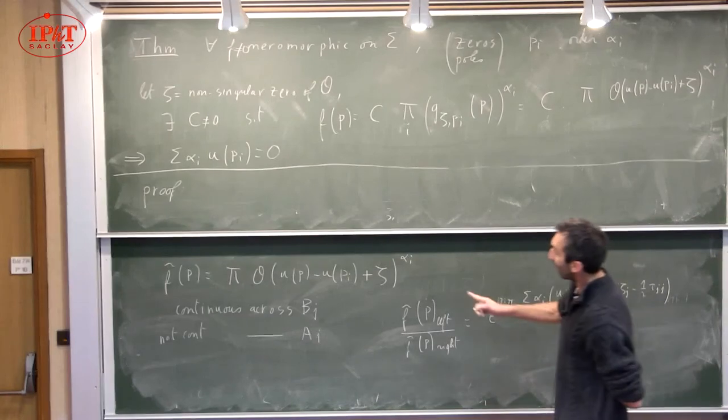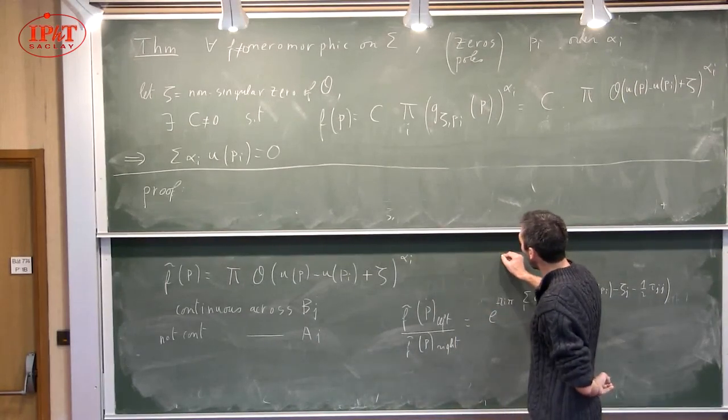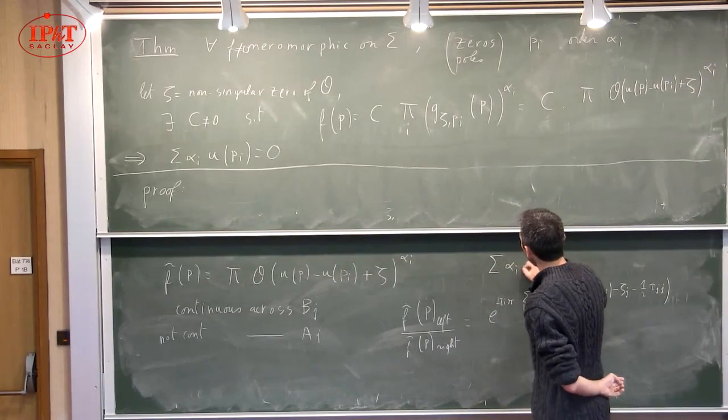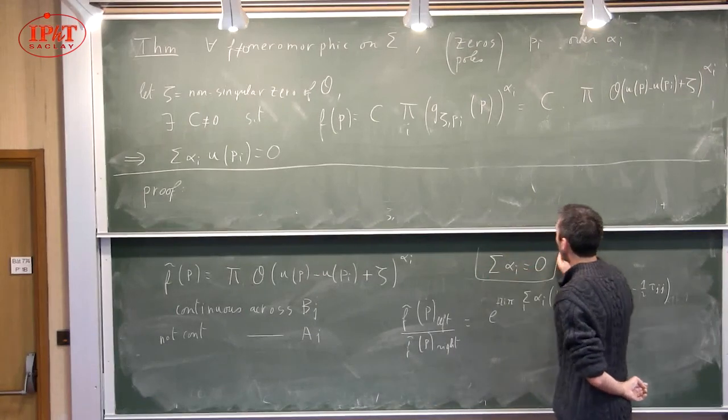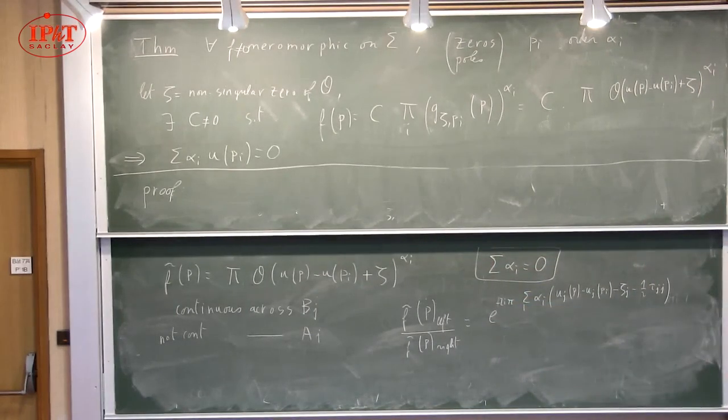So remember that for a meromorphic function, we know that the number of poles equals the number of zeros, so sum of alpha I equals 0. There are as many poles as zeros. Remember, zeros have positive orders, poles have negative orders, and the sum of all orders must be 0.